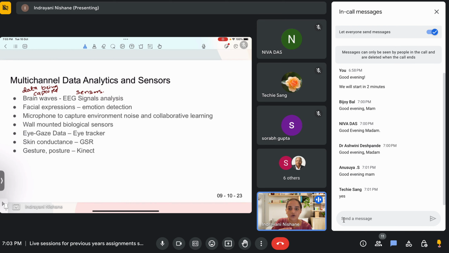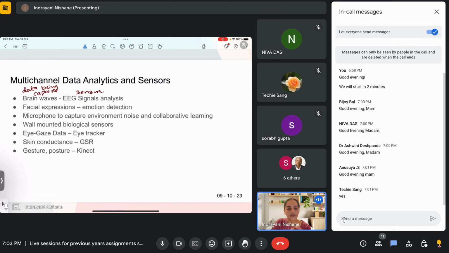Then for emotion detection, this is mostly an upcoming area in the field of learning analytics, where emotions are detected based on facial expressions, from the data of a web camera. That is affective computing, happening based on the webcam's video data, the frames which are captured every minute.